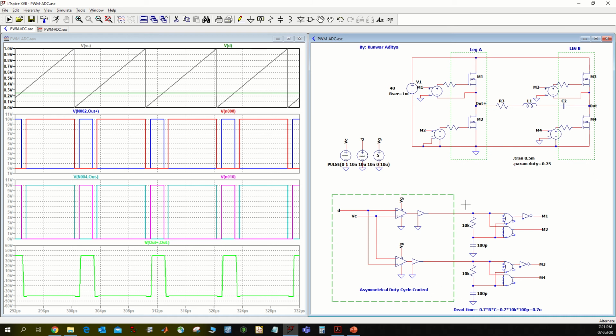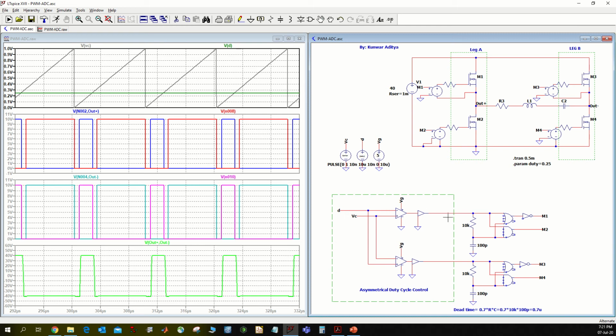The rest of the circuit here is just to implement dead time. So I have given the formula for the dead time here. By varying the R and C in this circuit, you can vary the dead time interval between the complementary switches of leg A or leg B of this inverter.